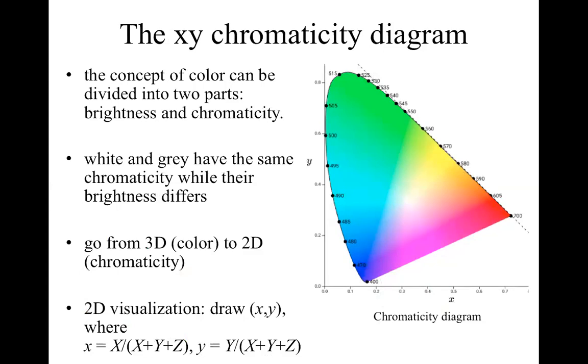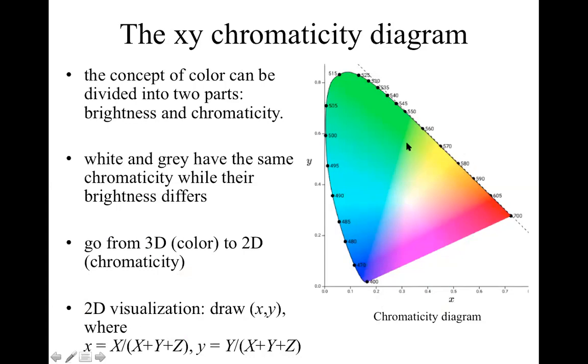So you consider the brightness to be constant, and you can obtain what is called the xy chromaticity diagram, where x is obtained based on the XYZ color space, and so x is X divided by X plus Y plus Z, and y is Y over X plus Y plus Z.